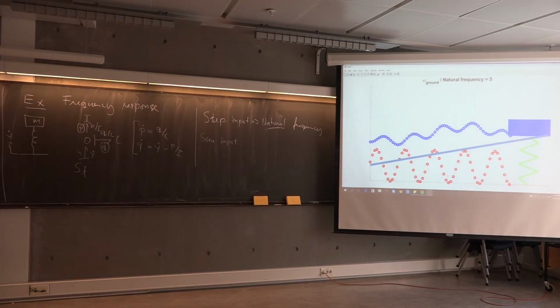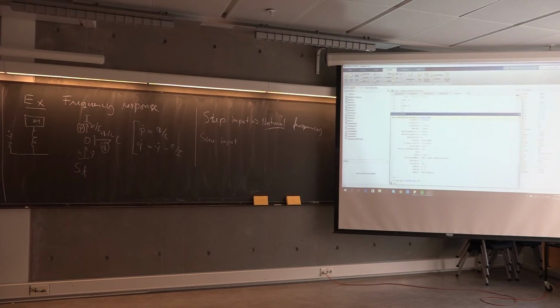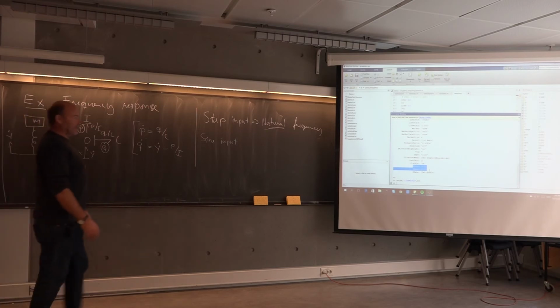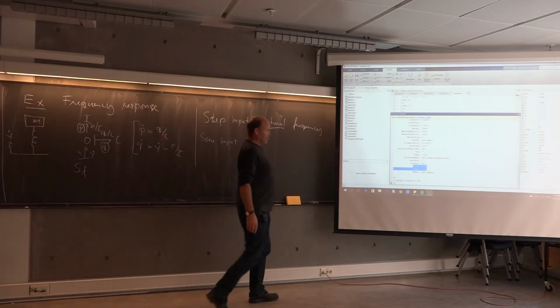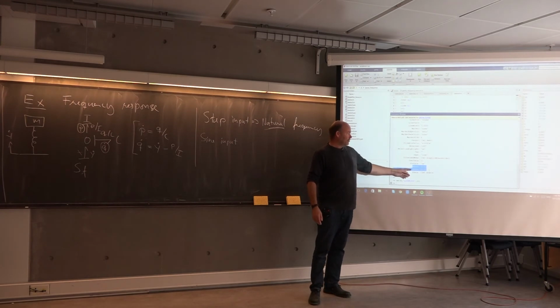So you'll see here X data and Y data. You just change the values for these matrices, X position and Y position during the simulation.